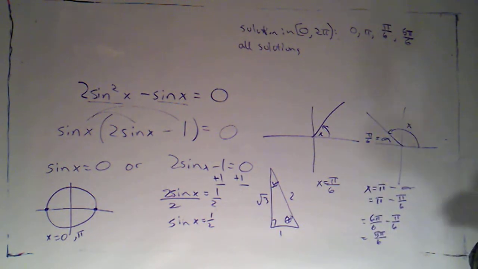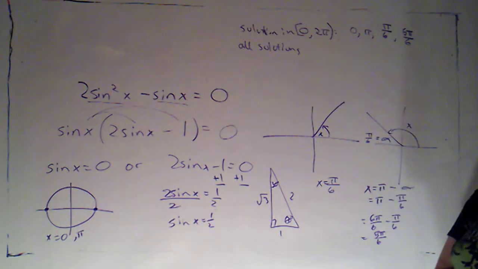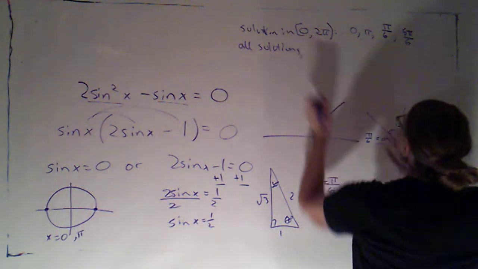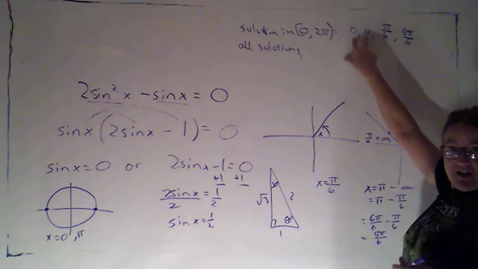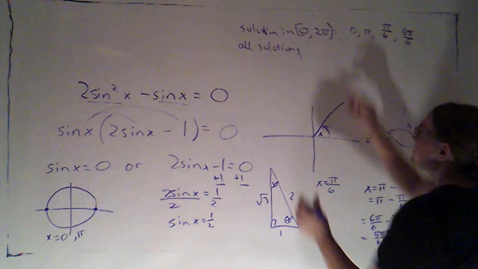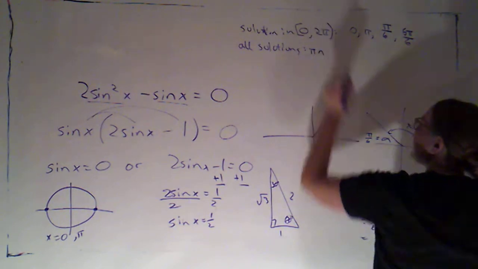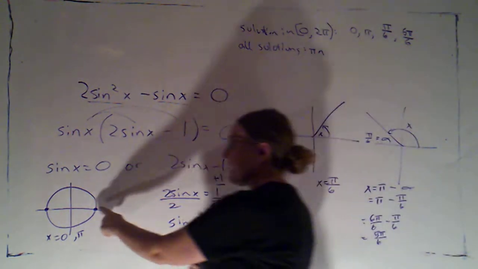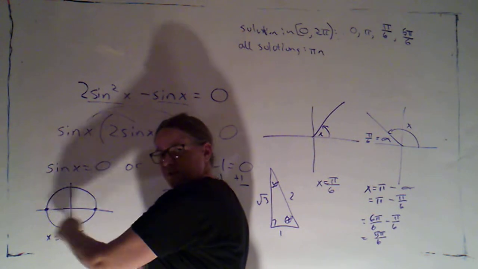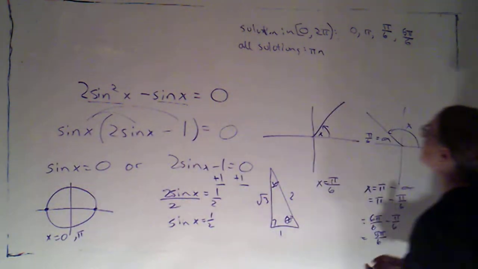Okay. Now, if I want to name all solutions, I can notice that these two are actually just pi apart. So that I can describe as pi times n. Any multiple of pi, we're used to those are the places where sine is equal to 0.